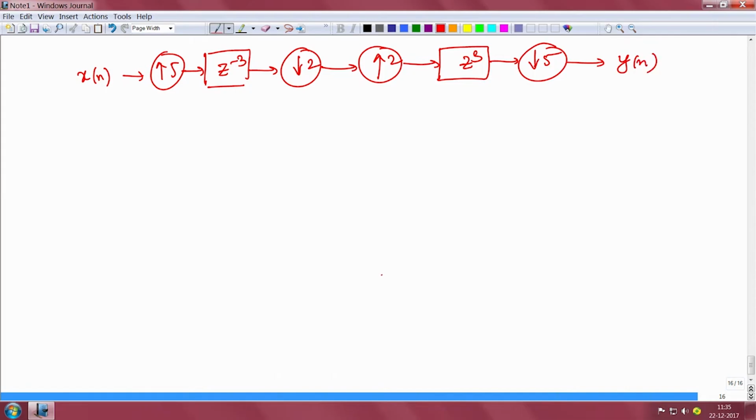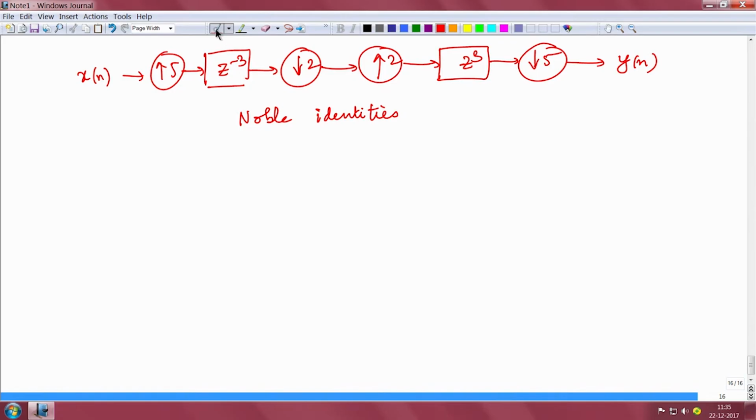Now we know we have to use the Noble identities here because we have filters followed by upsamplers, downsamplers, all these combinations are there.